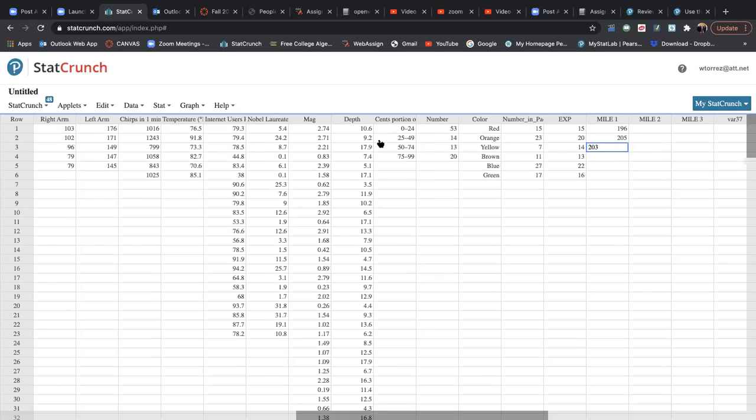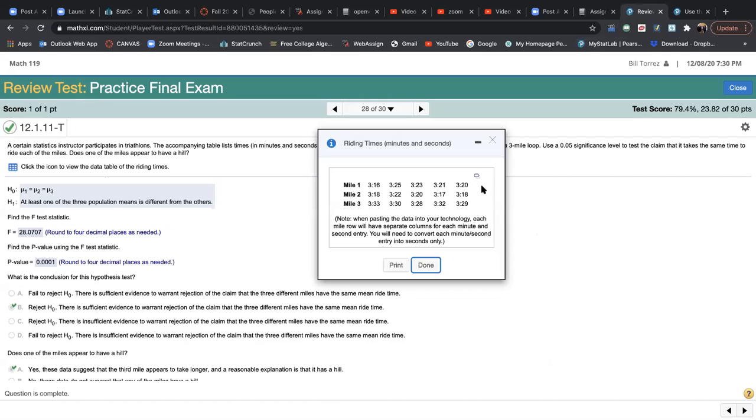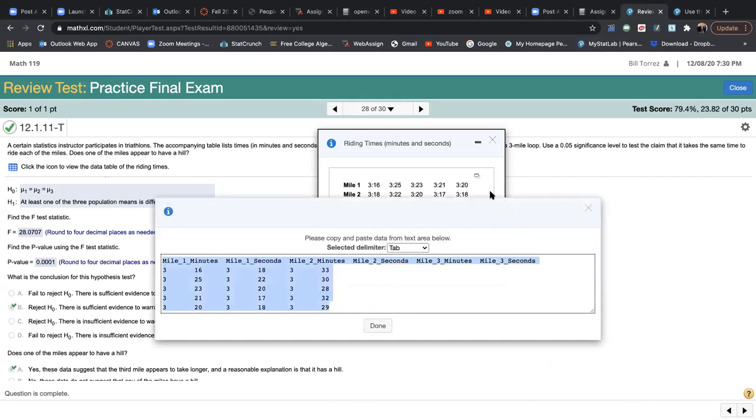I'm going to check one other thing here. Let's go back to the problem. I'm not sure how StatCrunch would treat this data. Let's go ahead and give it a shot. Let's go ahead and copy and paste this data.